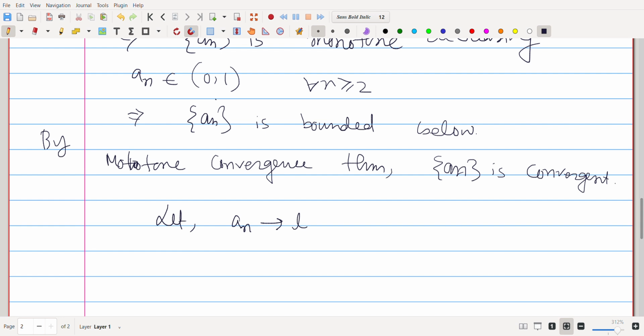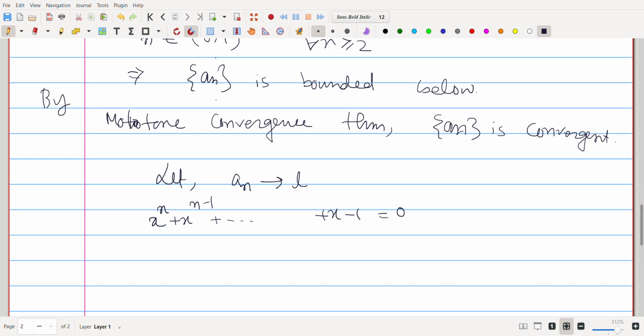Okay, now we have the equation x^n + x^(n-1) + ... + x - 1 equal to 0. Add 2 to both sides, and we will have x^n + x^(n-1) + ... + x + 1 equal to 2.